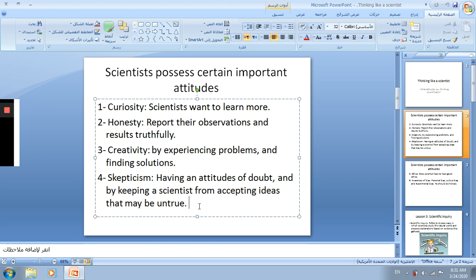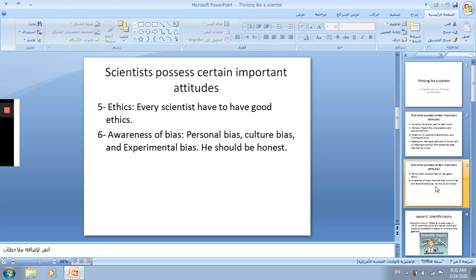So he is always cautious. This point lets the scientist be what? Cautious. So let's continue.